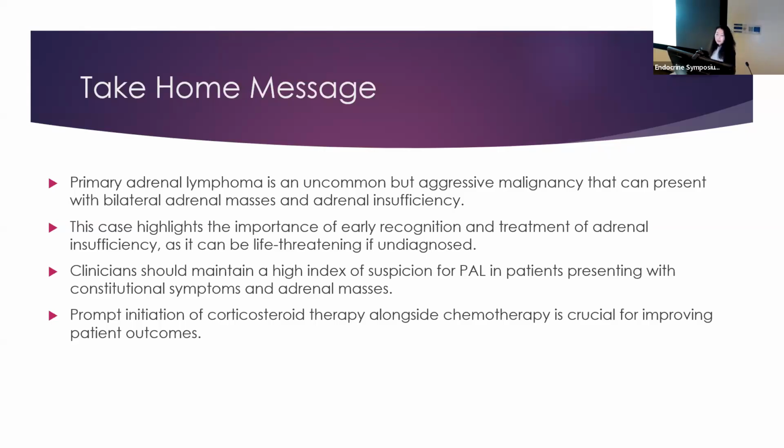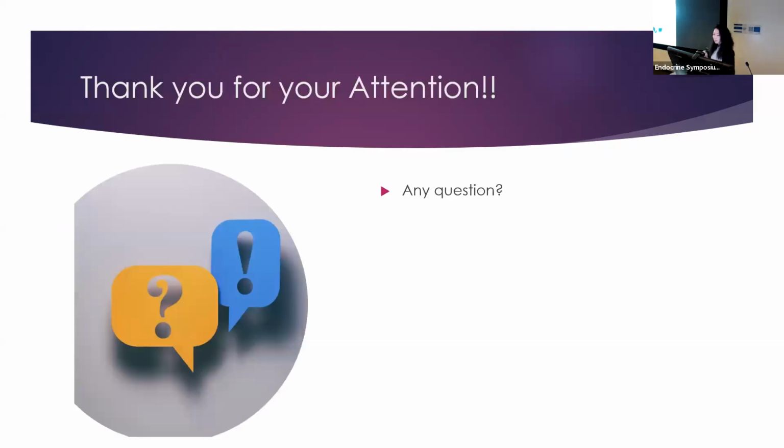When patients have constitutional symptoms and adrenal masses, we should suspect primary adrenal lymphoma, and prompt initiation of steroid therapy along with chemotherapy is crucial for this case. Thank you very much.